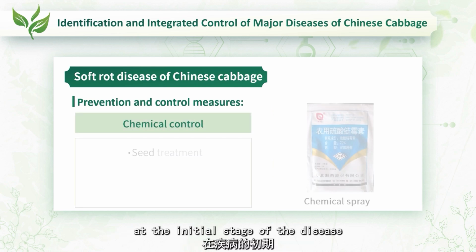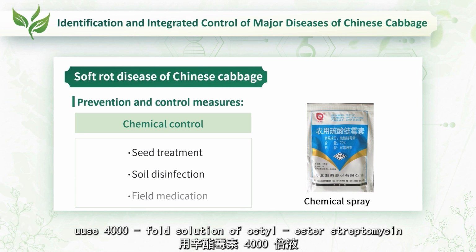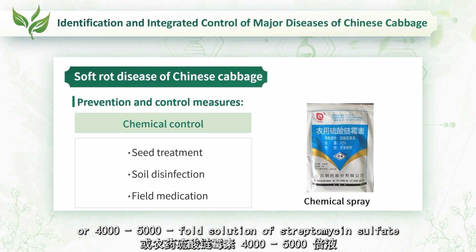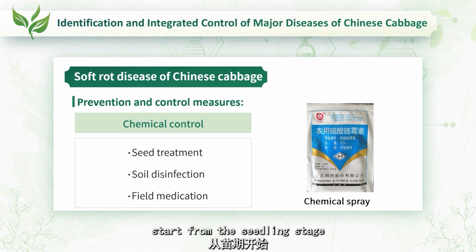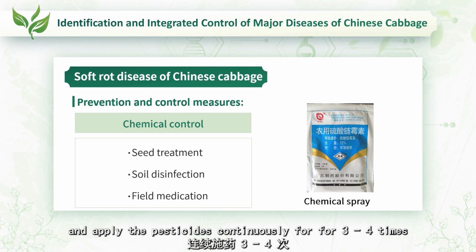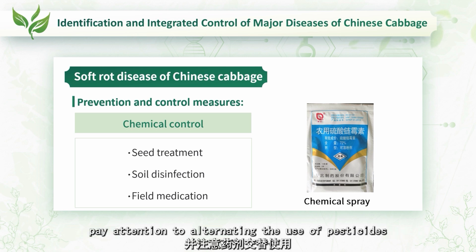At the initial stage of the disease, use a 4,000-fold solution of octyl ester streptomycin or a 5,000-fold solution of streptomycin sulfate. Start from the seedling stage. Combine spraying and drenching, and apply the pesticides continuously for 3-4 times. Pay attention to alternating the use of pesticides.